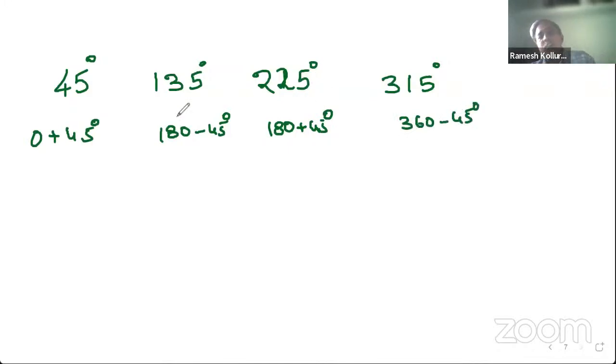Because we ignore 5, what we are going to do is here: because 5 means it must be a 45, but where it will come, I don't know. So either it is 360 plus 45 or 180 plus or minus 45.